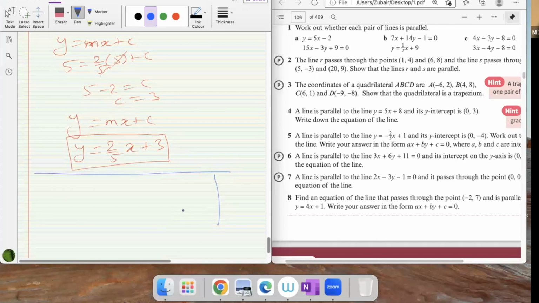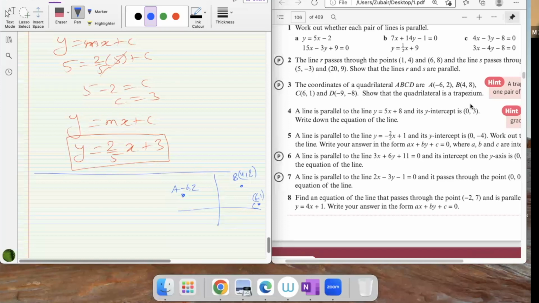For our ease, otherwise we would be solving for four different gradients, AB, AC, AD, and different combinations. So first we sketch this. A is (-6, 2). B is (4, 8). C is (6, 1).